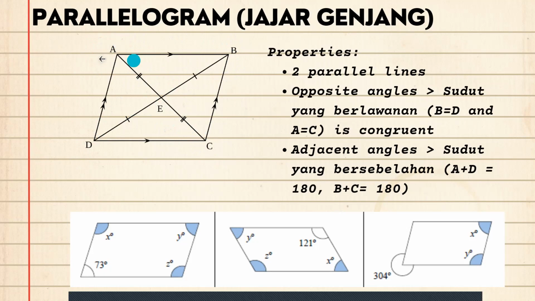So if angle A is 100, it means angle C is also 100. If angle D is 70, angle B is also 70.